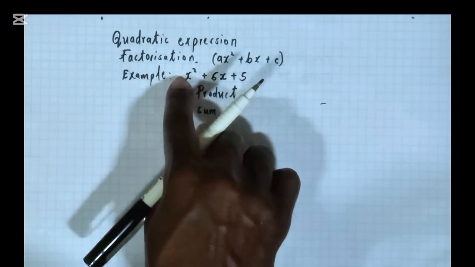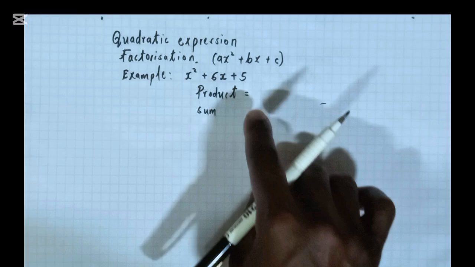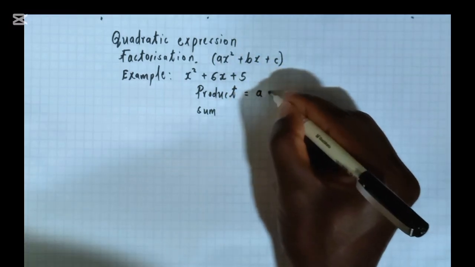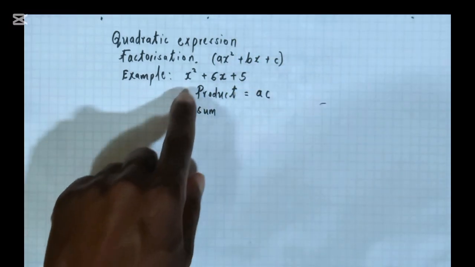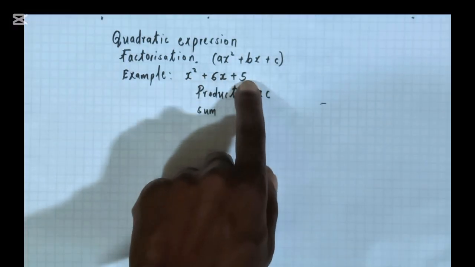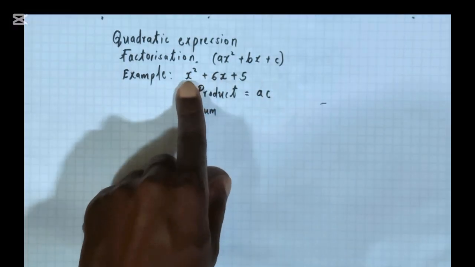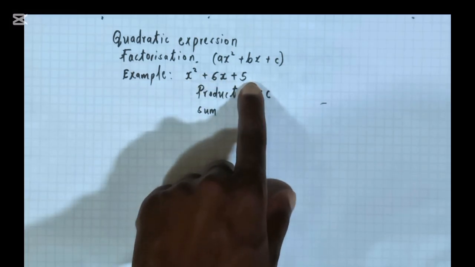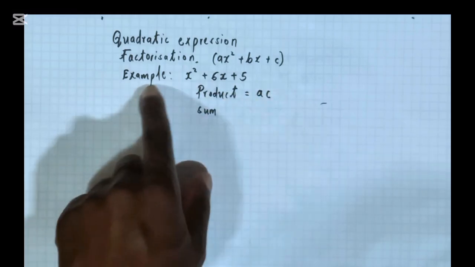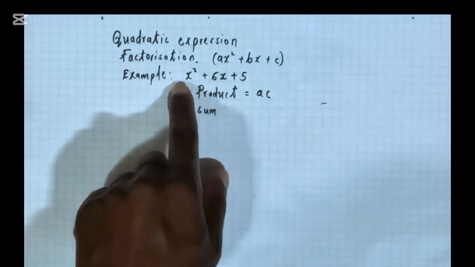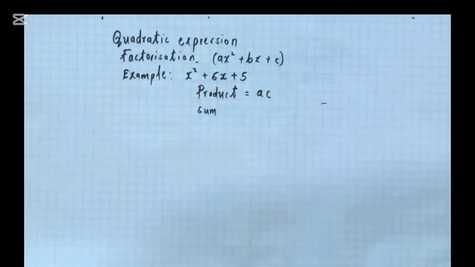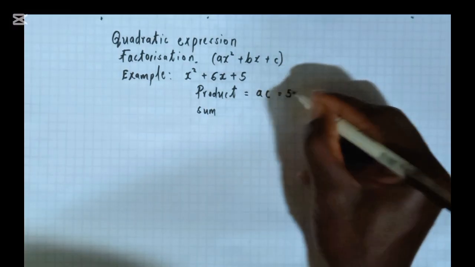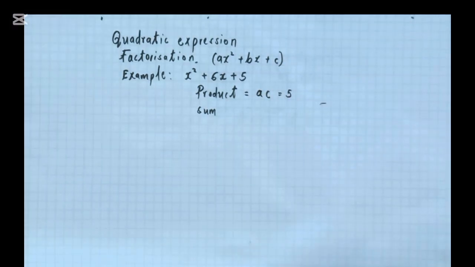In this expression, our a has a coefficient of 1 and our c has a coefficient of 5. So the product, ac, is 1 times 5, which is 5. This is an easy introduction into how to factorize quadratic expressions, so just walk with me and I'll show you how it's done.